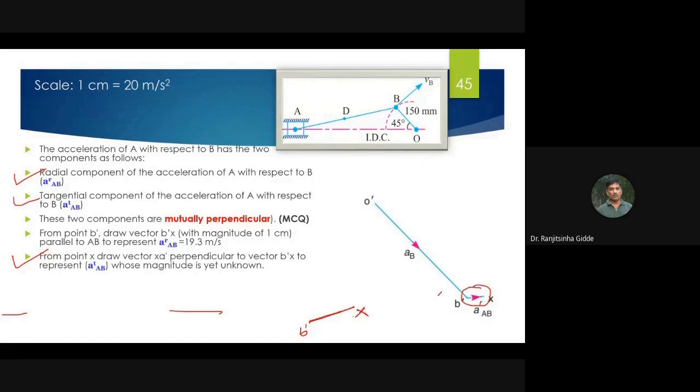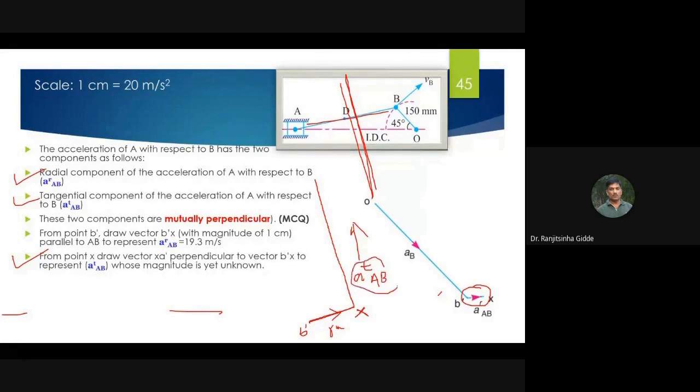Now the tangential component is perpendicular to this link like this, and this is the end point. So this is the radial component and this one is the tangential component, and here we are going to write ATAB.